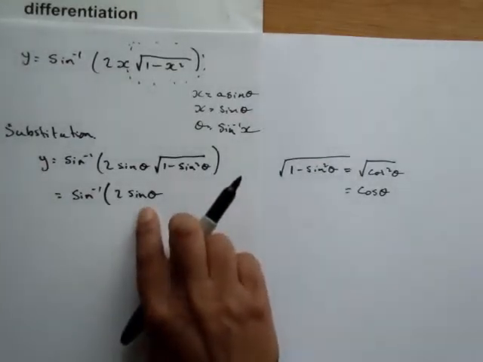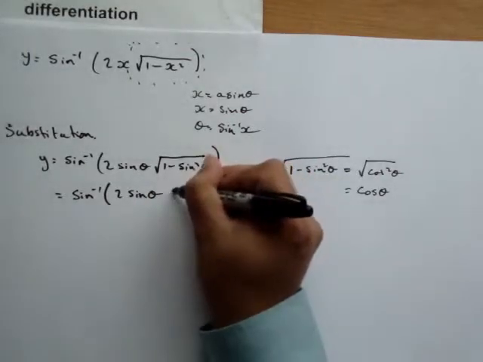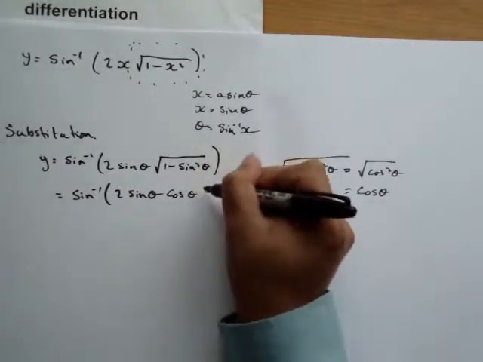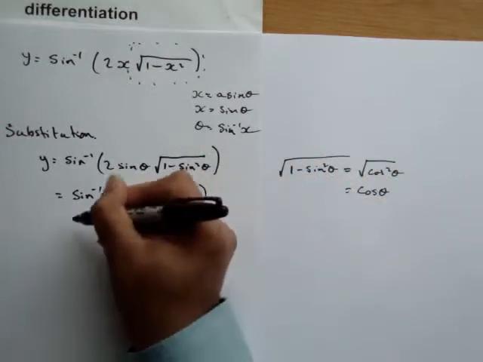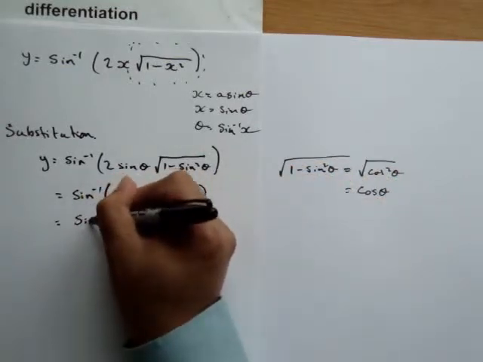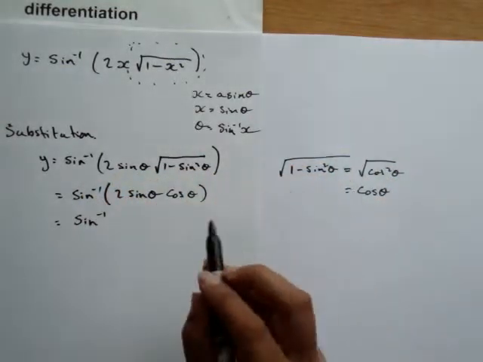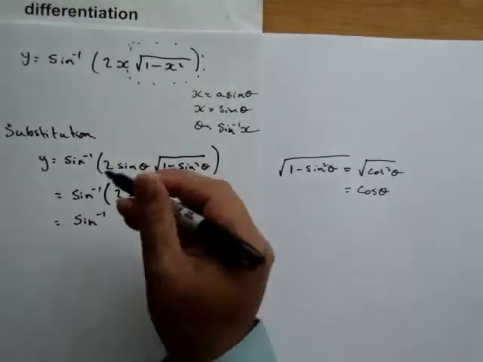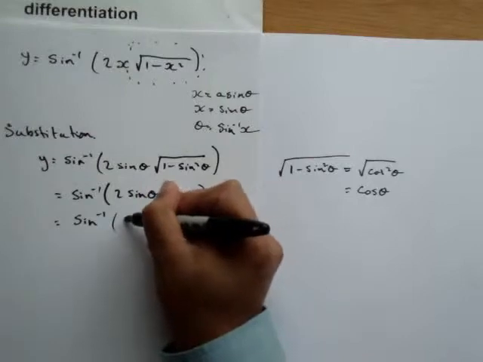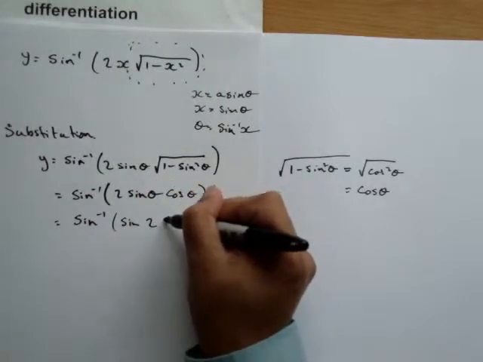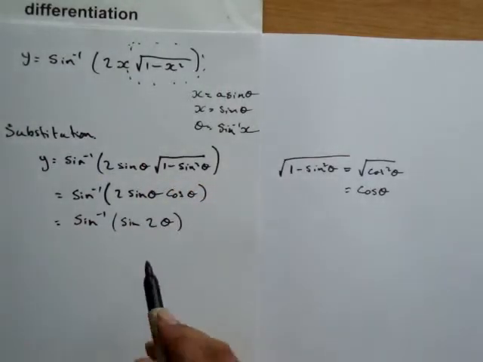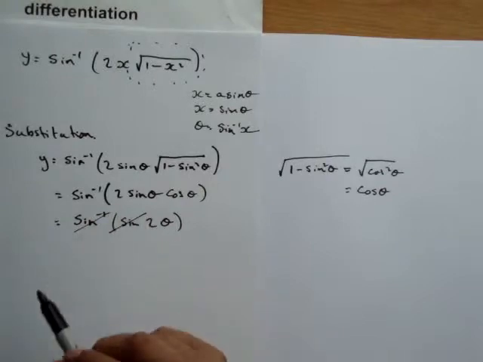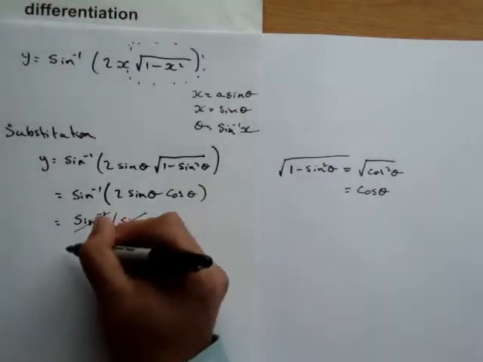So this becomes inverse sine of 2 sine theta cos theta, which from our double angle formula is sine 2 theta. These two cancel each other out, so we're left with 2 theta.